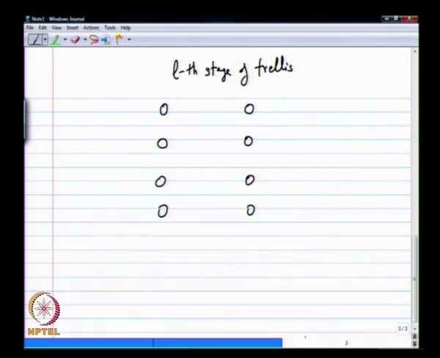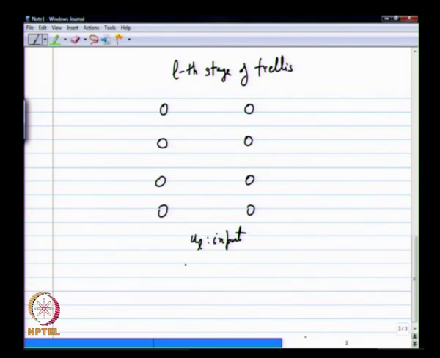In the Lth stage, we are going to associate several things. First of all, U sub L is the input corresponding to the Lth stage, and of course this is not known at the decoder, so the decoder has to estimate this.